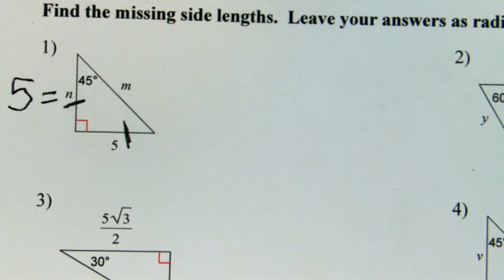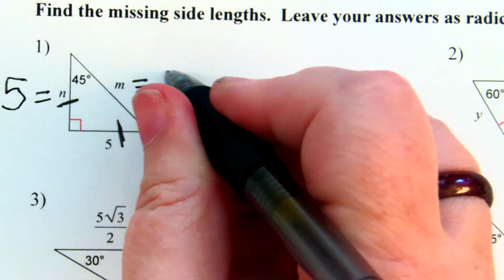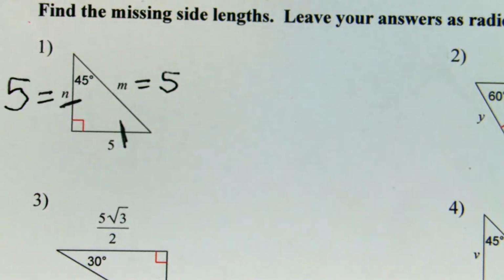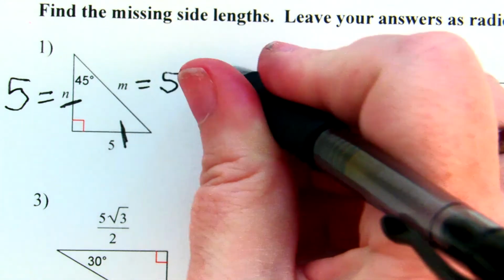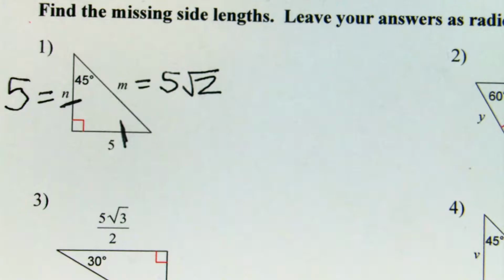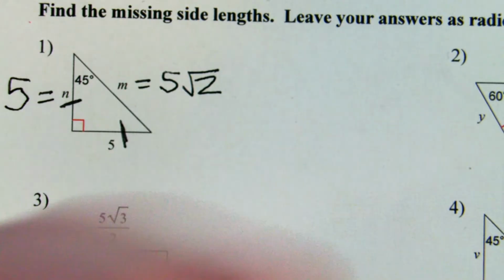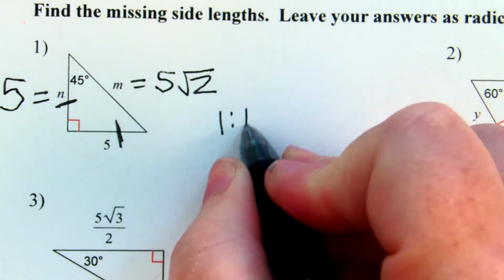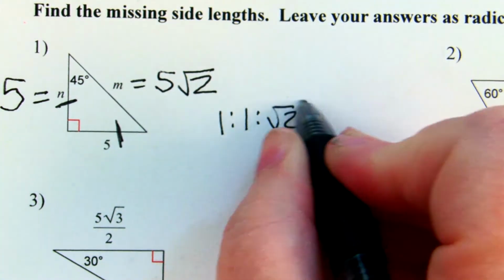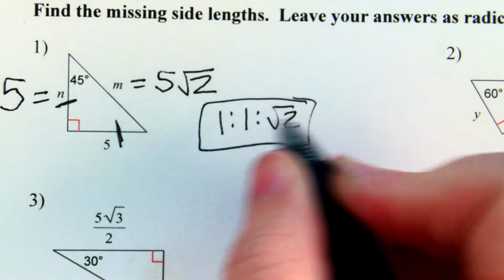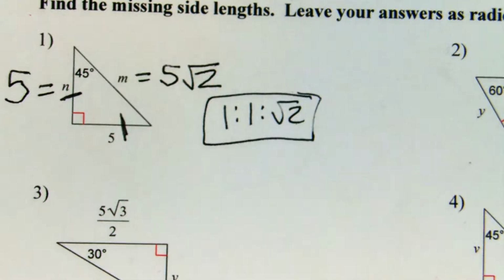And then what do we multiply by to get the hypotenuse? Radical 2. That's in the 45, 45, 90 triangle. So it's 1, 1, rad 2. That's the ratio of the three sides. 1, 1, radical 2.